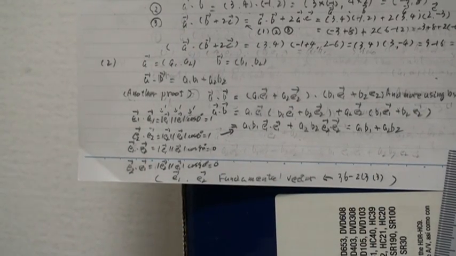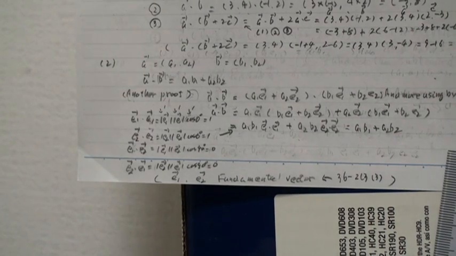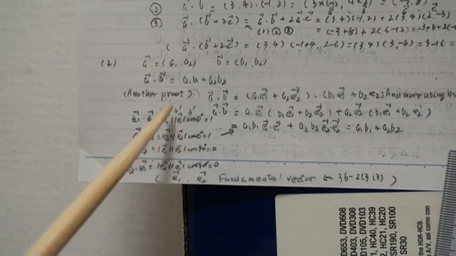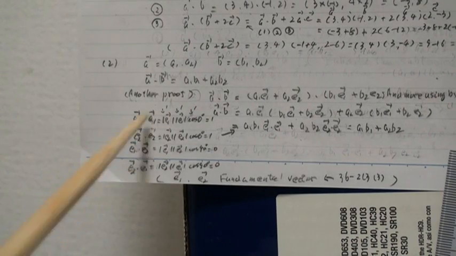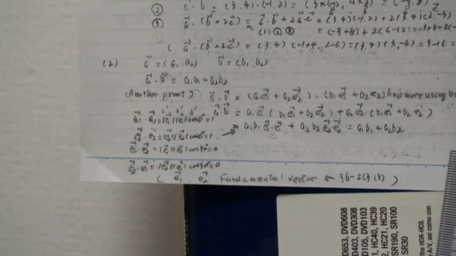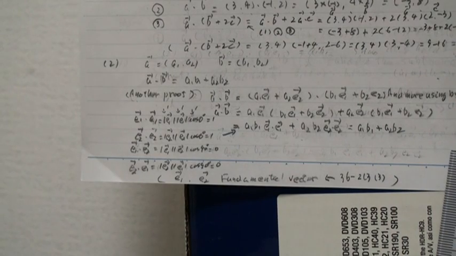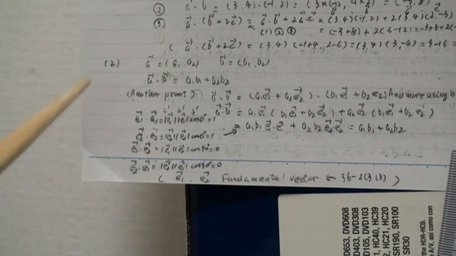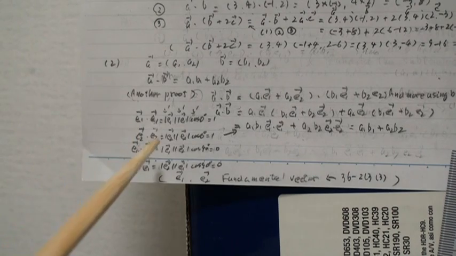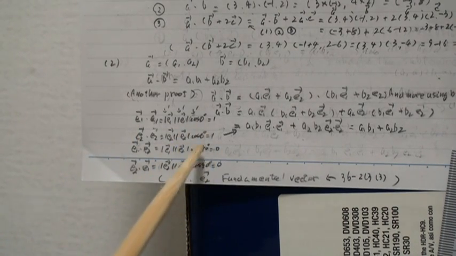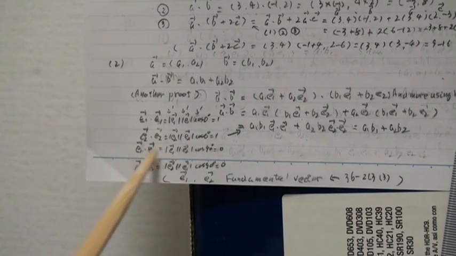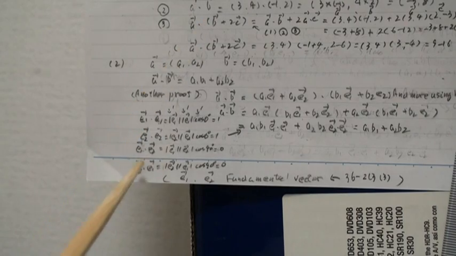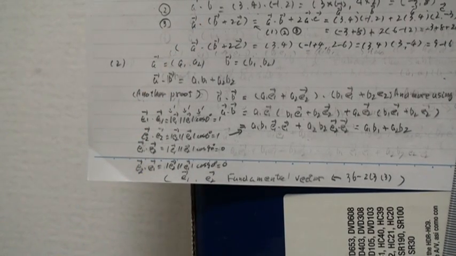And now e1·e1 equals, by definition, 1 times 1 times 1 equals 1. And it's similar: e2·e2 equals 1. For e1 and e2, the angle is 90 degrees, and cos is 0. e1·e2 equals 0, e2·e1 equals 0.